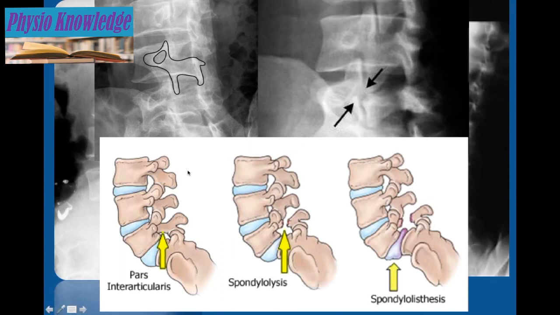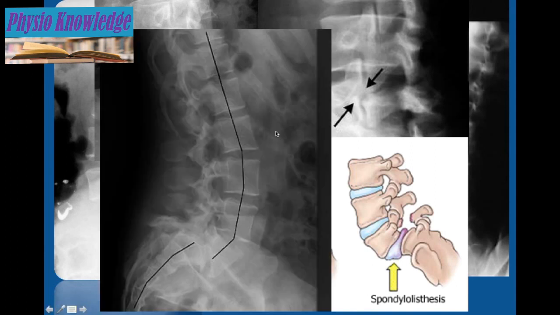This is a schematic diagram. Again, you see the pars here, there's a lysis, and then if there's movement, then it's spondylolisthesis. And in this case, you also have some disc inflammation because there's more significant trauma to this region. For the alignment, in this case, we have what would be called anterolisthesis of L5 in relationship to S1.